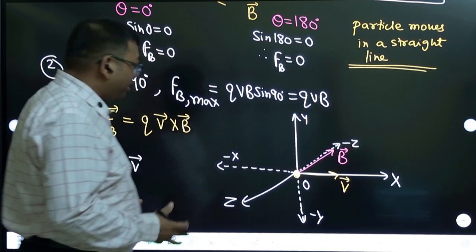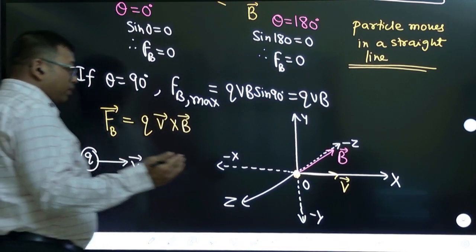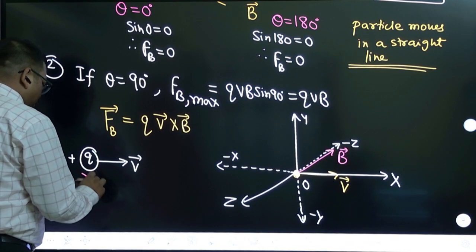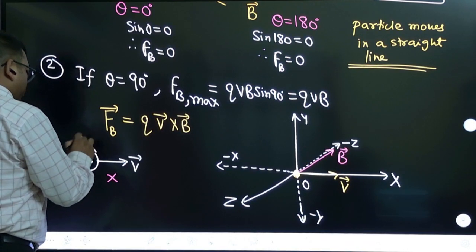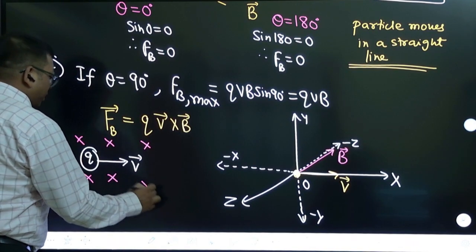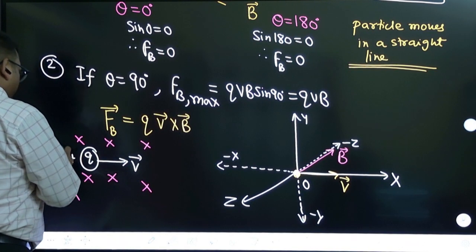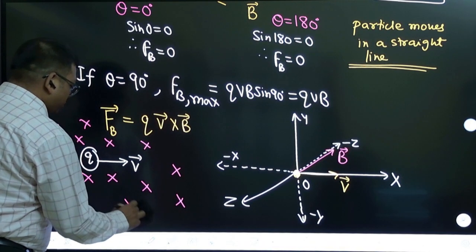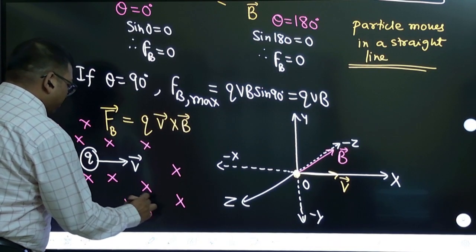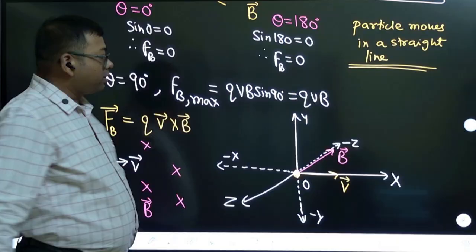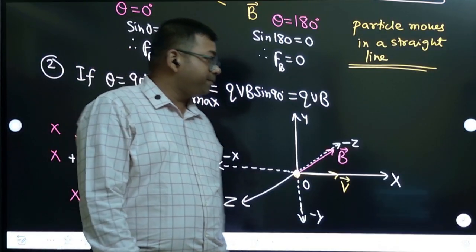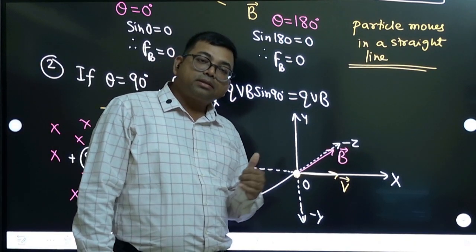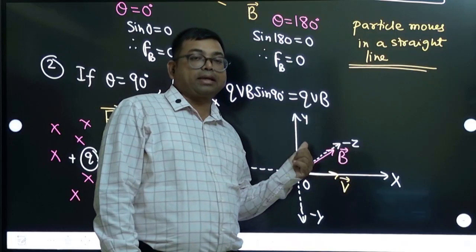In a plane we can represent going inside and coming out as cross and dot. So crosses represent the magnetic field lines here. Crosses mean it is going inside, that is, in the negative z direction. So the unit vector will be minus k cap.